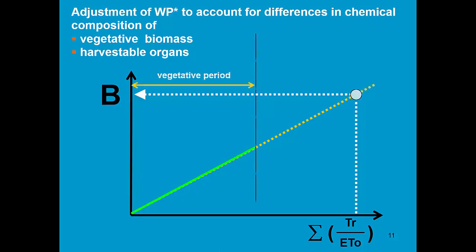And as such, the relationship between transpiration, actually the uptake of CO2, and the biomass production will become smaller during the yield formation, during which you make those oils. Let me show you that in AquaCrop.